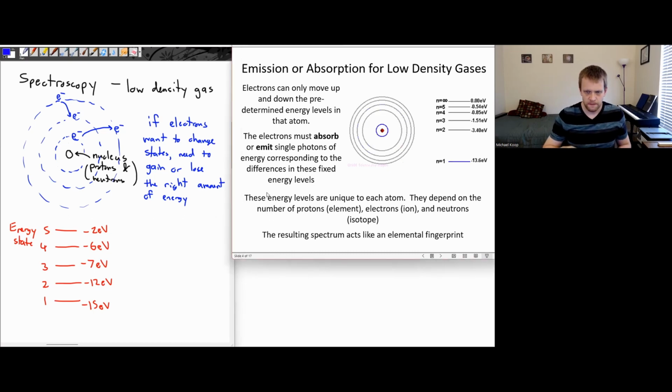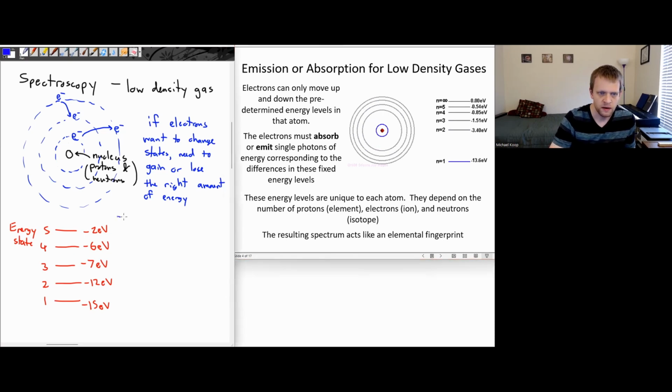So a couple of really important points here. If we're going from a low state to a high state, we need to absorb a photon. So for the electron going from low state to high state, that's going to have to absorb a photon.